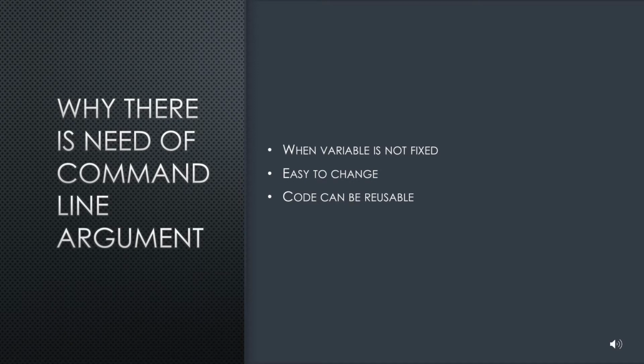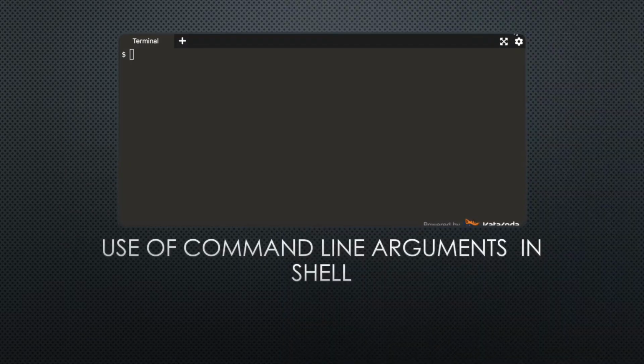Apart from that, the code can be reused easily. Not only the person who has written the code, but others can also easily understand the code. So in this video we'll see why there is a need for command line arguments.